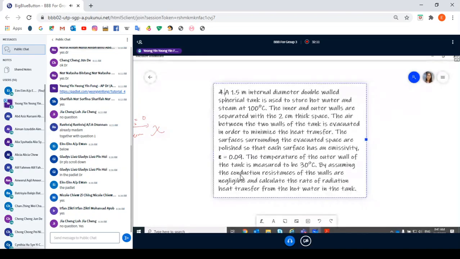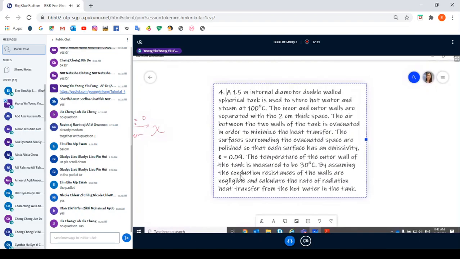A 1.5 meter internal diameter double wall spherical tank is used to store hot water and steam at 100 degrees C. The inner and outer walls are separated by a 2 cm thick space. The air between the two walls of the tank is evacuated in order to minimize the heat transfer. The surfaces surrounding the evacuated space are polished so that each surface has an emissivity of 0.09.